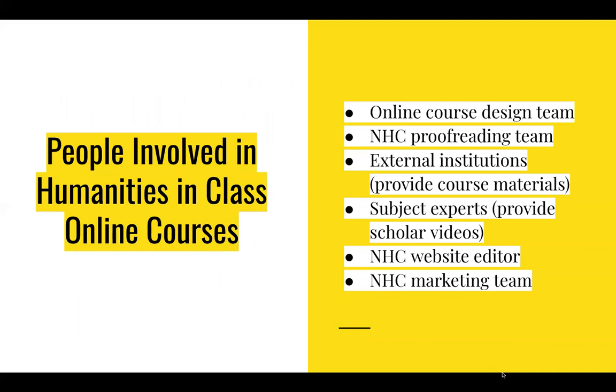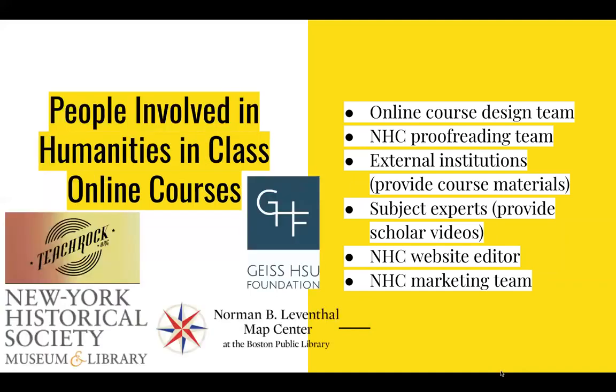The materials found in the courses are all open source, and they come directly from the course partners like the New York Historical Society. Over the last year, I have instituted a new process where we model a peer review and our own center editing work. Our newest courses will first go to a subject expert to check for errors or make suggestions, and then the edited version will be shared with our center online course proofreading team.